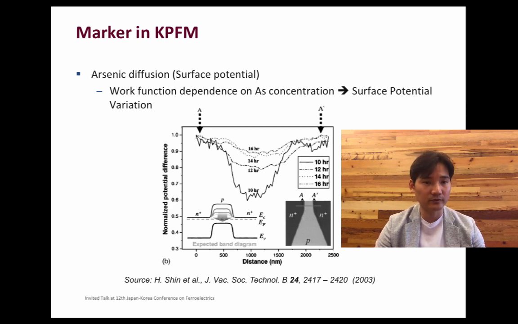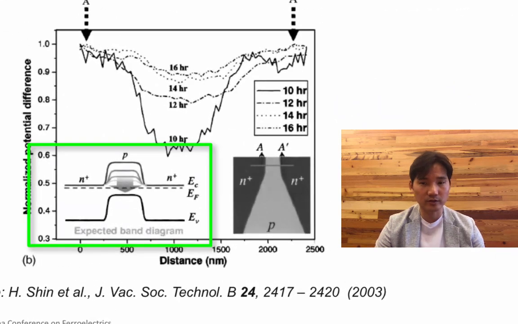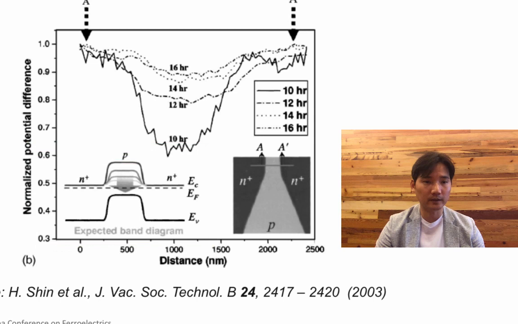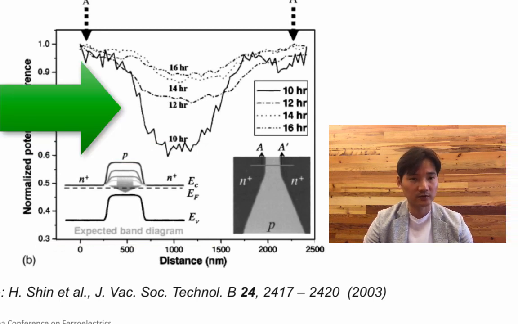And N and P obviously have different work functions. So work function can be a very nice marker, and by visualizing the work function as a function of space, time, and also processing parameters like annealing time, you will be able to understand the diffusion kinetics of the dopants inside your transistor.